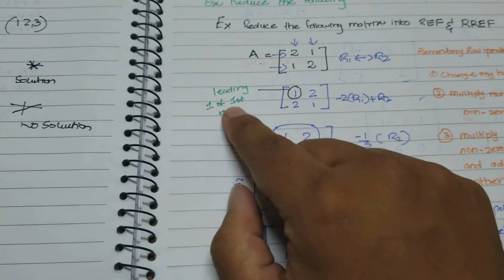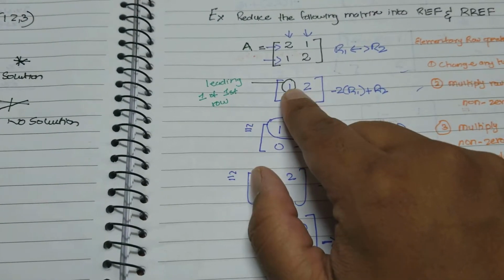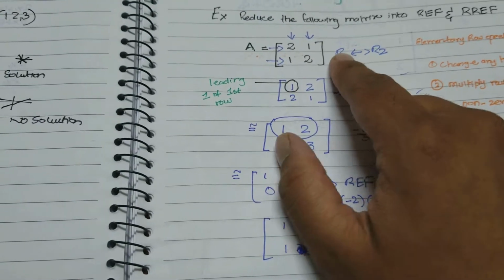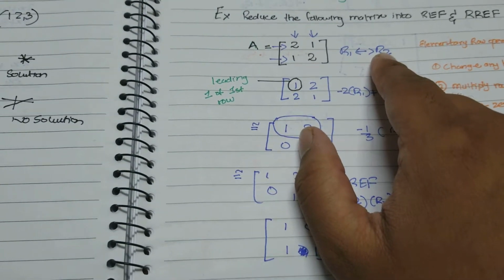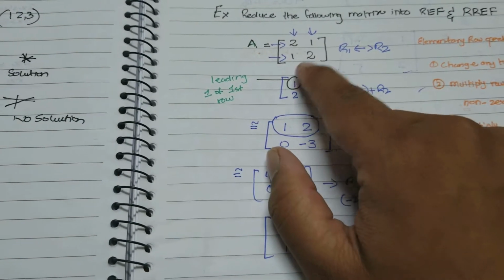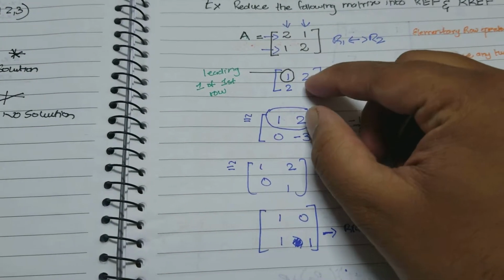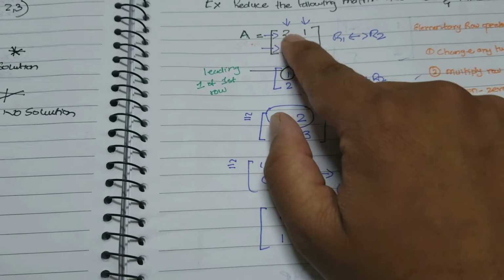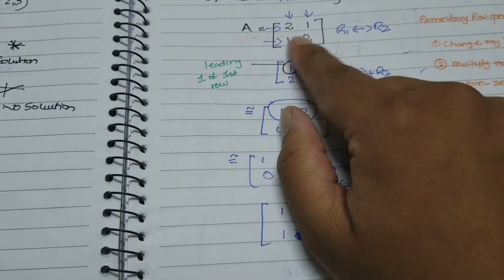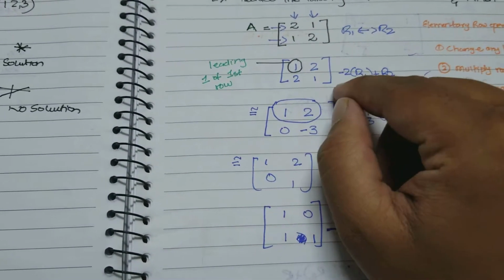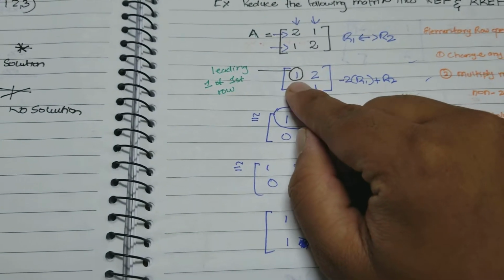For the leading one of the first row, what we did was interchange row 1 with row 2. So it was 2 1 and 1 2, and we interchanged these rows. This 2 1 comes in here and this 1 2 comes in here. So the leading 1 is achieved.